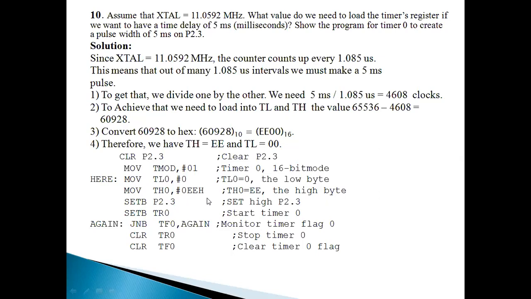So we are moving the low byte and the high byte that we just got into TL0 and TH0. Next, SETB P2.3. So you have to set P2.3 as high. Then start timer 0 and monitor the timer flag 0, that is JNB TF0, again. Once the flag is high, stop the timer and clear the timer flag.